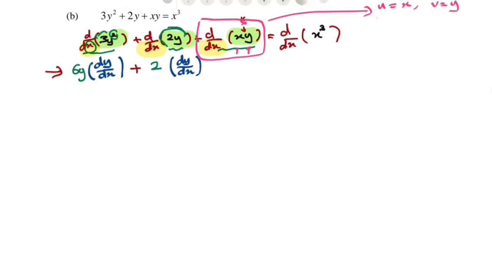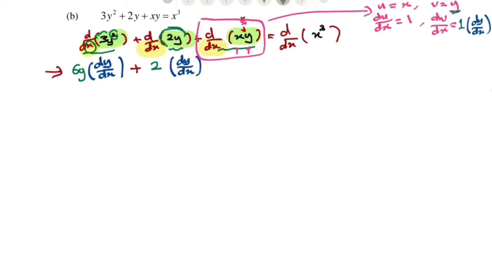After that, you differentiate your u and also your v. Differentiate u with respect to x, what you get is 1. Differentiate v with respect to x, here, this is y. So remember, whenever it's y, you have to differentiate y as usual. Differentiate y power 1, you just get 1. After that, don't forget, you have to multiply with dy over dx.